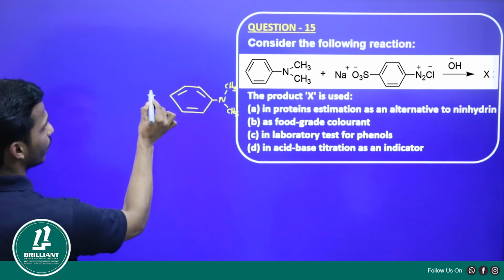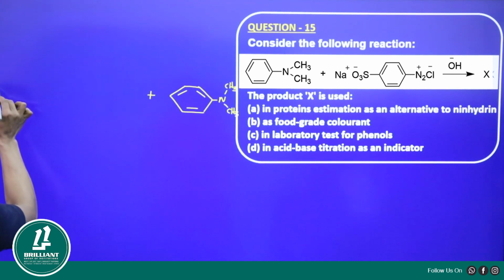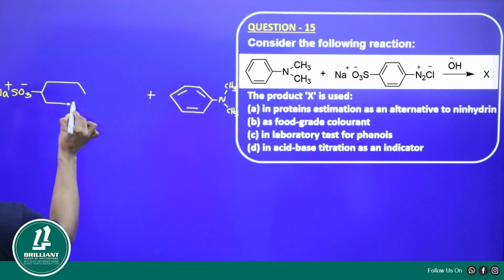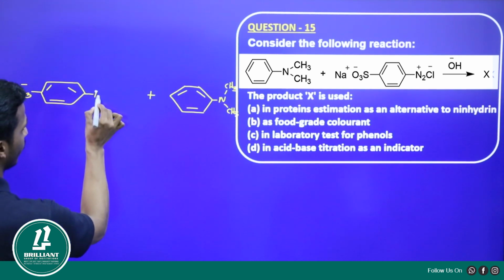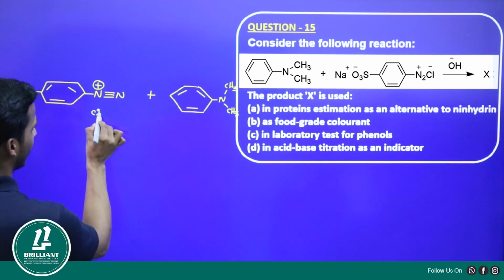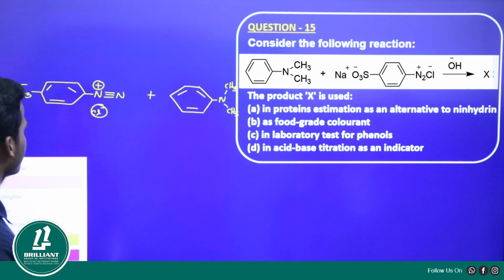And it is going to react with which compound? That's given: Na+ SO3- on the para position, with a diazonium salt. You know, the diazonium salt is positive and we have Cl-, right? These are the species. Let's write the mechanism here.